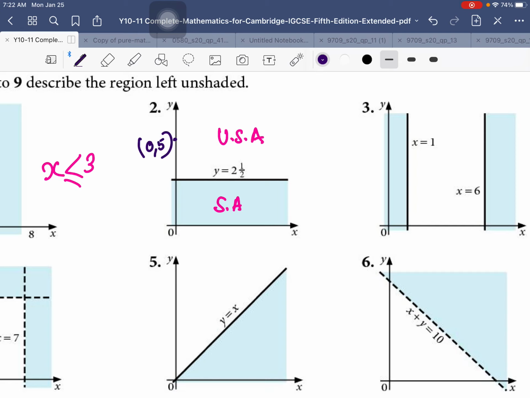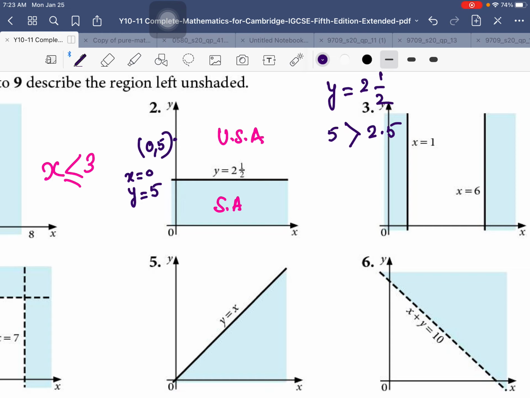At this point, x is 0, y is 5. I'm going to plug y equal to 5 into this equation, y equal to 2.5. For 5 and 2.5, obviously 5 is more than 2.5.